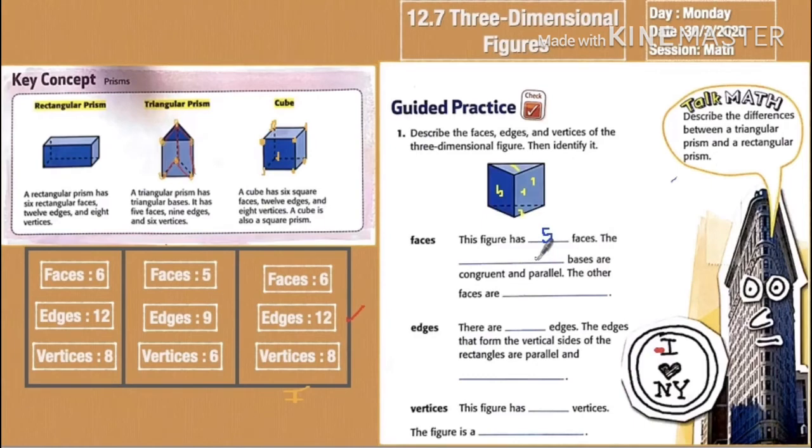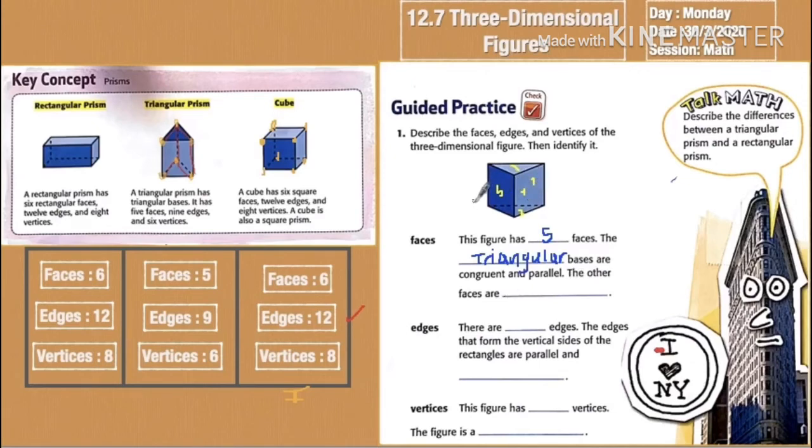Now we continue. The blank bases are congruent and parallel. So the bases are going to be the top and bottom. These are triangular faces. They are congruent and parallel. Then the other faces are blank.